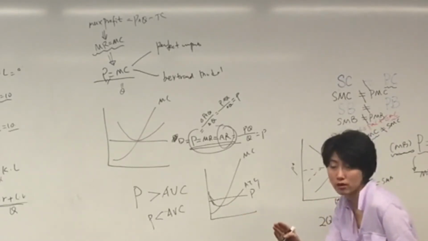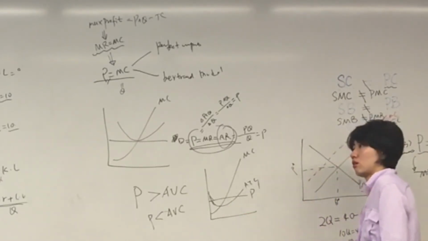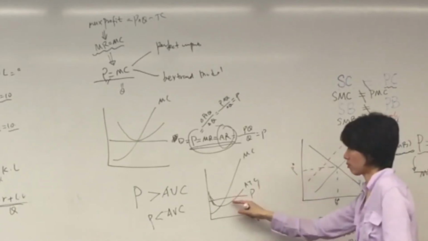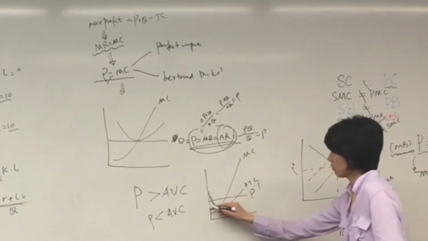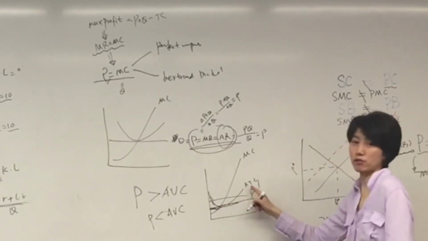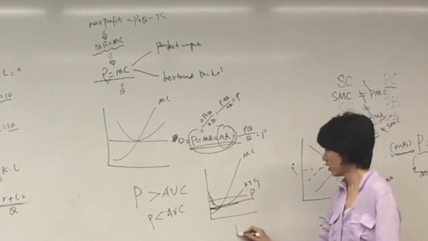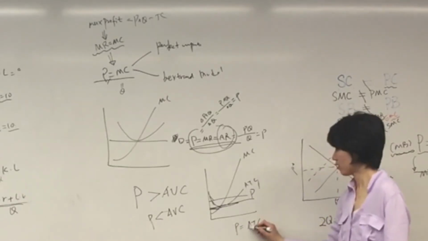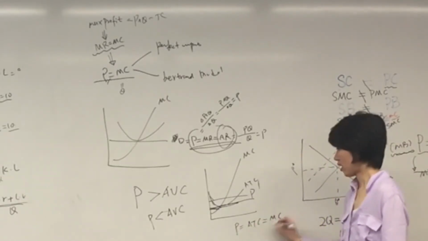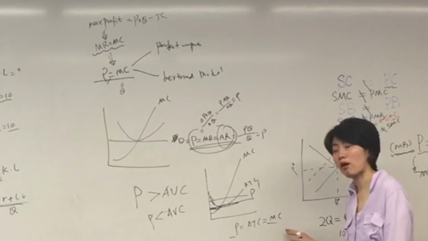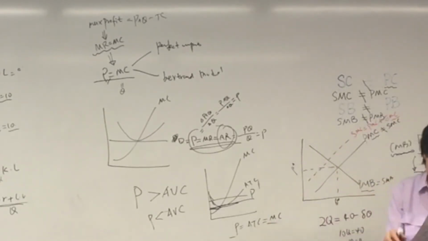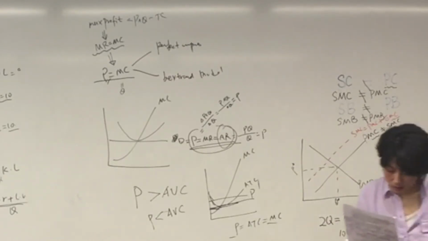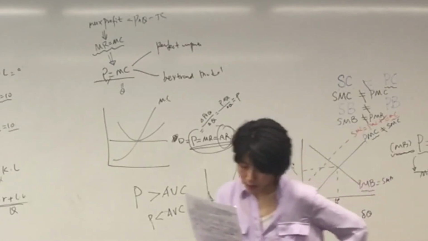More firms enter the market and shift supply to the right, and then the price goes down until the price equals the minimum level of average total cost. So price equals minimum average total cost, and we know price is marginal cost when we want to maximize profit. So marginal cost equals long run average total cost, and then you can find the long run equilibrium.